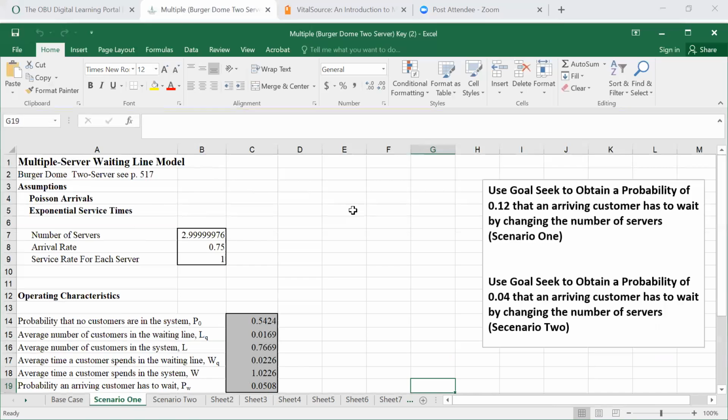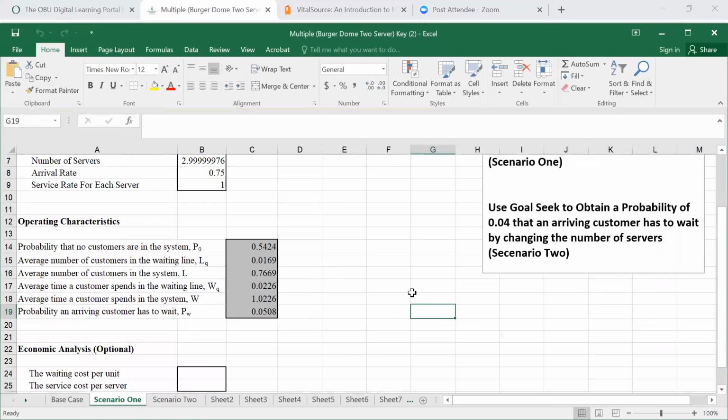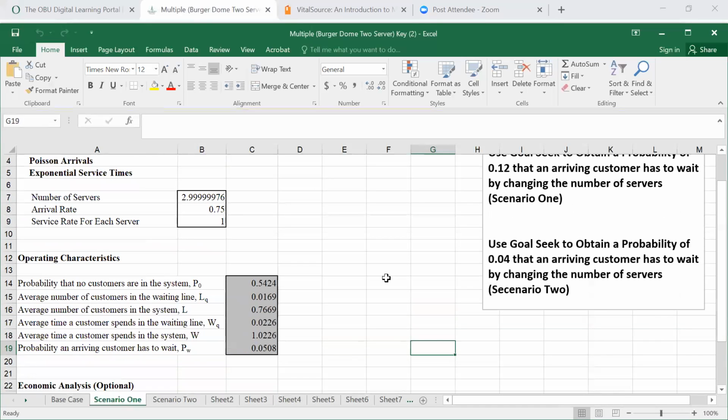Okay. So let's look at this. And we're asked to use the goal seek to obtain a probability of 0.12 that an arriving customer has to wait by changing the number of servers. Let's look at this first of all. And that probability of an arriving customer having to wait is going to be cell C19. Okay.